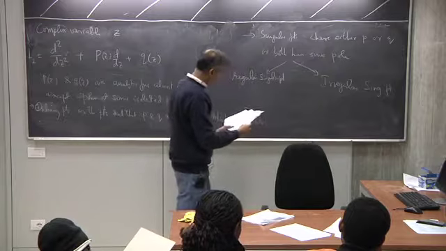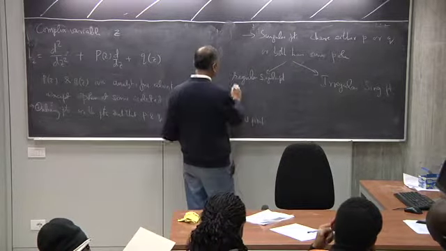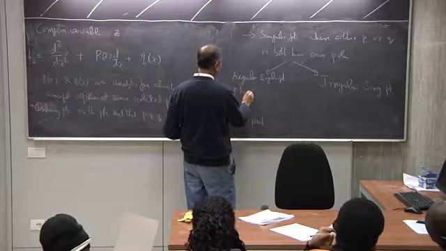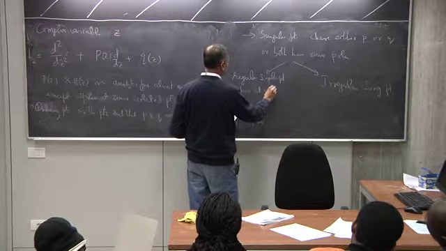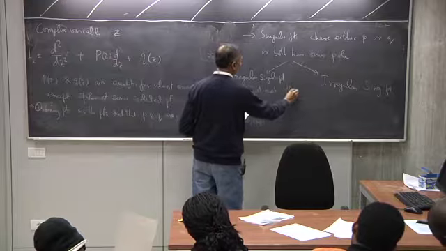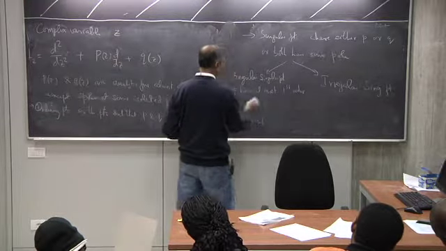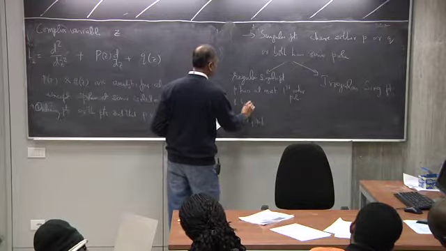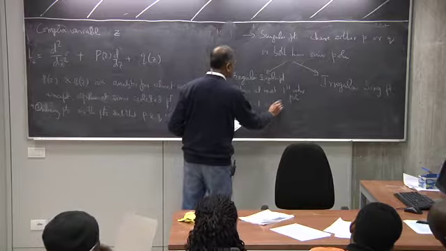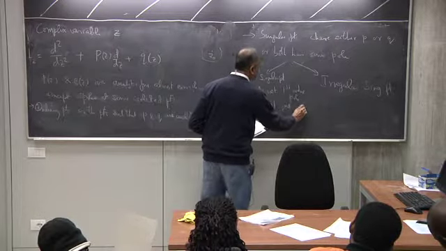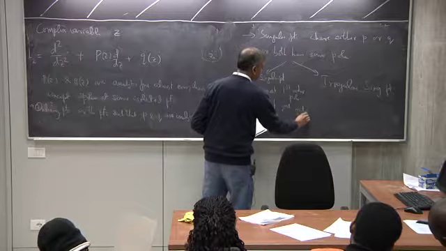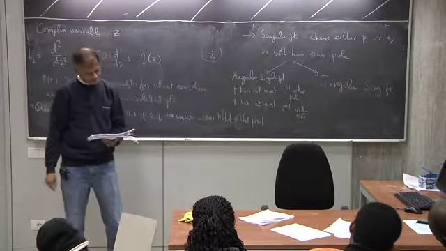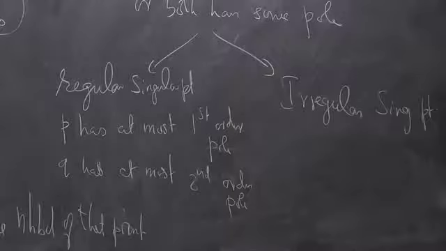So a regular singular point is the one where p has at most a first order pole, and q has at most a second order pole. Okay, so this is the worst.